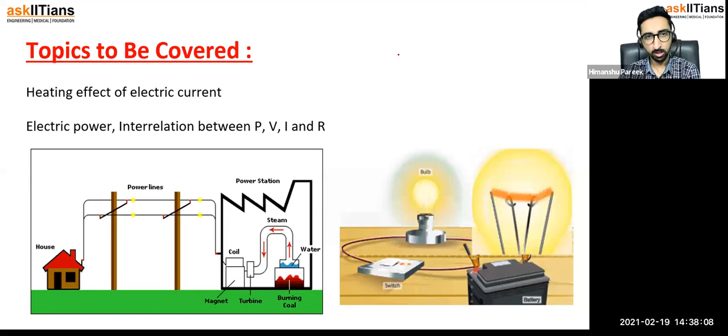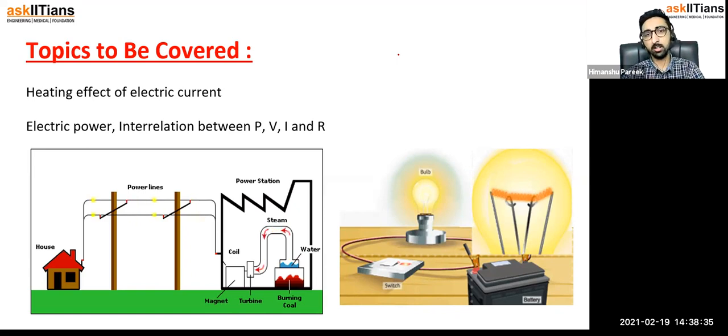So now let us begin first of all with the heating effect of electric current. Just for your information, there are three total effects of electric current, which I guess you would have already studied in grade 8 also. One is the chemical effect of electric current, which was a completely new chapter for you guys. The second is the heating effect of electric current, which I'm going to discuss with you today, and I'll also be telling you one law here.